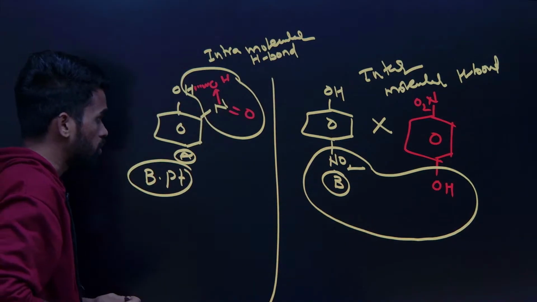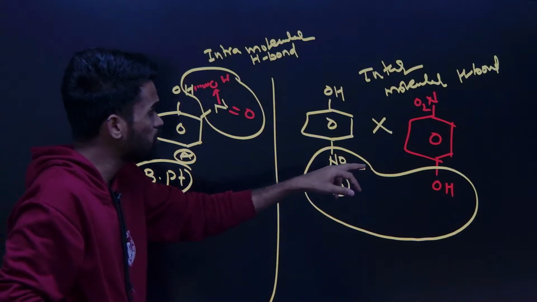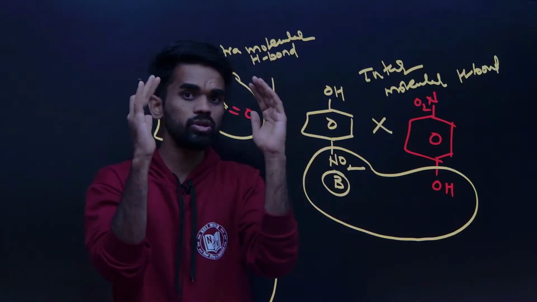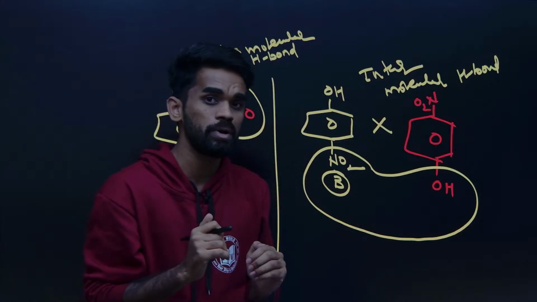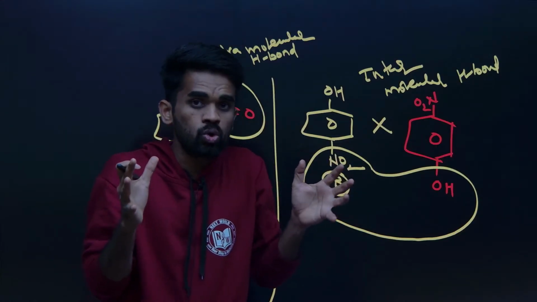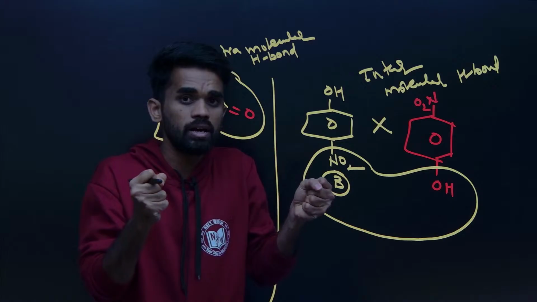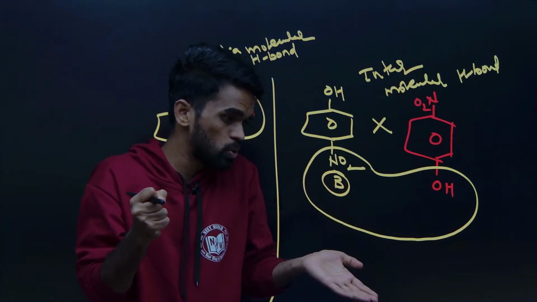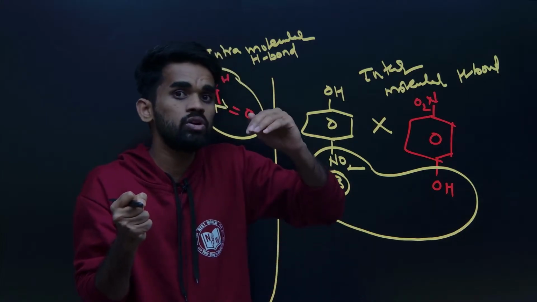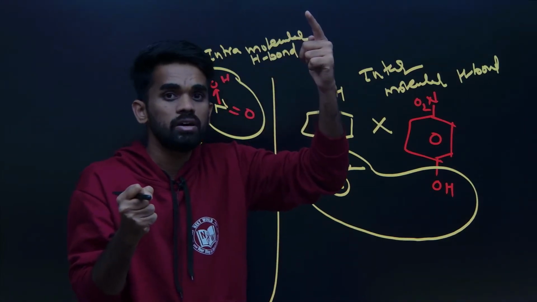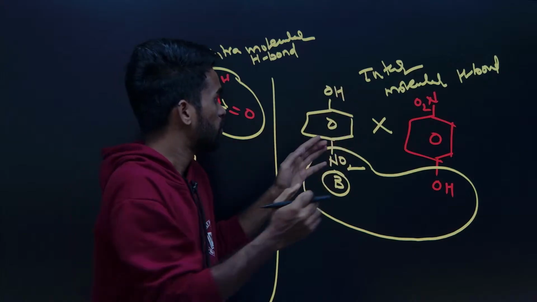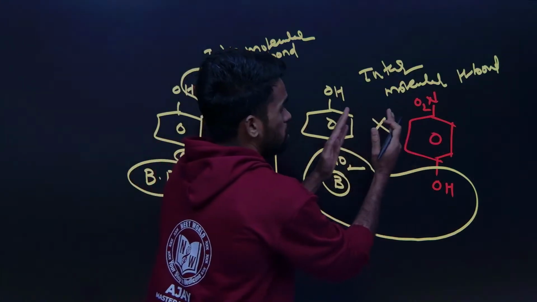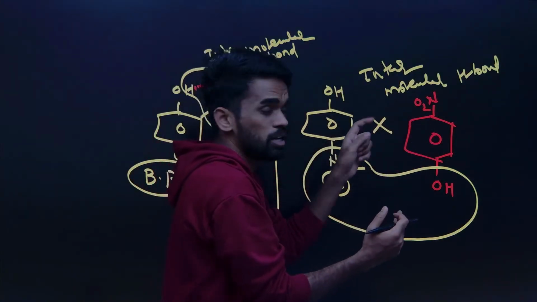Now due to intermolecular hydrogen bond, molecules come close and they have strong intermolecular force of attraction between them. Therefore the temperature required to convert liquid to gaseous phase will be very high, because we need to separate them because of their high intermolecular forces.